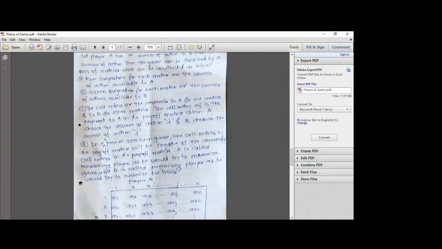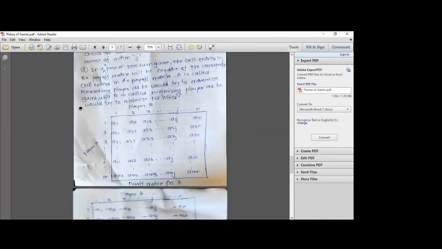The cell entries are the payments to A for one matrix, and to B for the other matrix. So now think of only this one matrix. The cell entry Aij is the payment to A in A's payoff matrix.